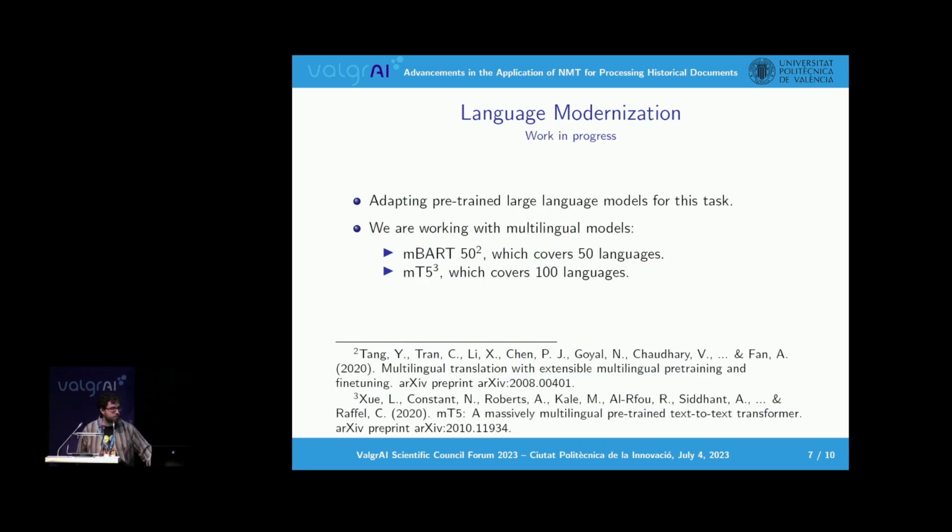And right now, we are using pre-trained large language models to try to cover for the lack of training data. We are mainly using multilingual models, starting with MBART and FT5, since they cover between 50 and 100 different languages.